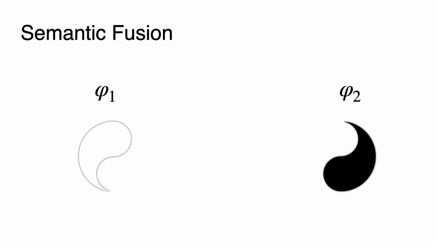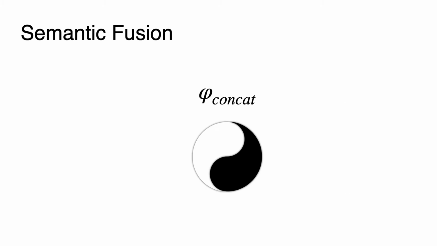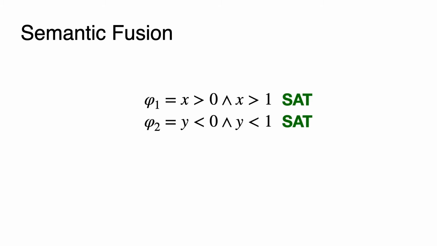The core idea of semantic fusion is to combine the structures of two seed formulas into a new formula, and make connections between the two subformulas while preserving the satisfiability. Let's explain semantic fusion with a simple example.